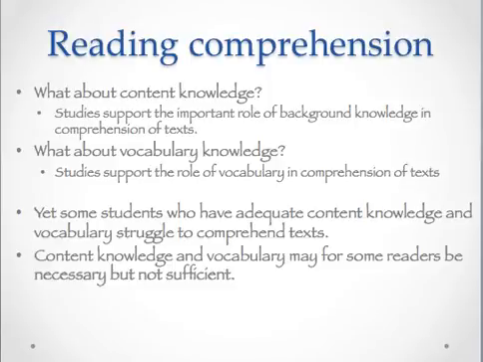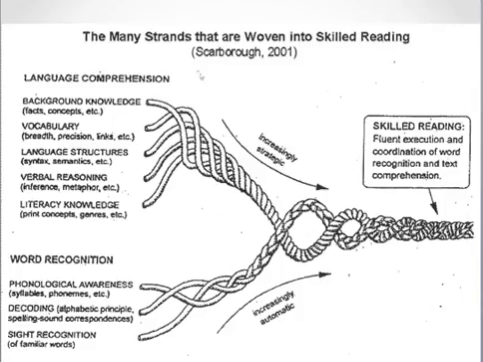There are kids who have all of those skills intact, and yet they still have a great deal of difficulty understanding texts. And part of that reason is this notion of becoming increasingly strategic.